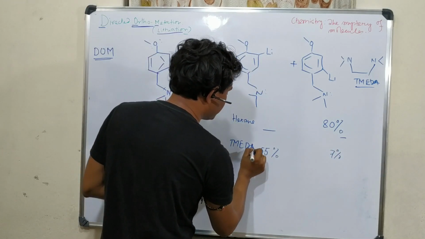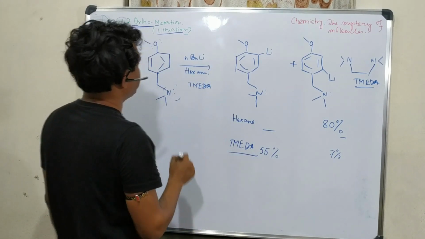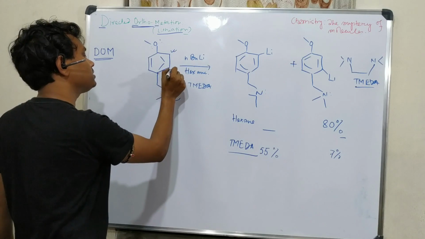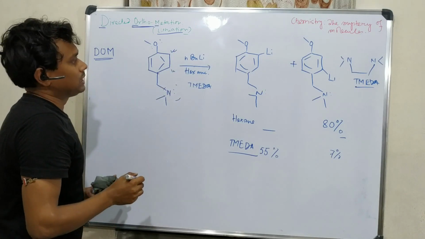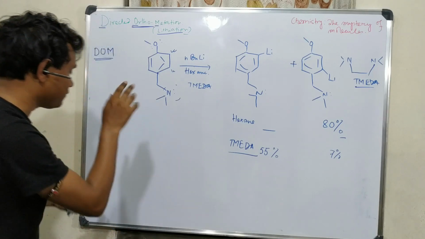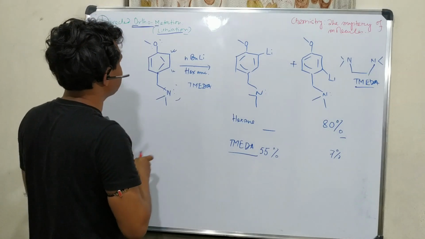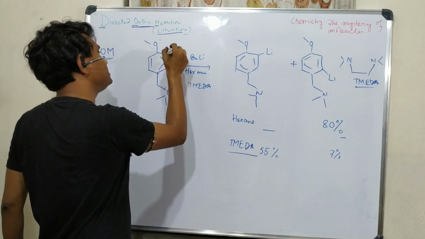So why is this happening? Actually, there is a competition between this position and this position. In the first case, when we are using hexane, we are considering this center.